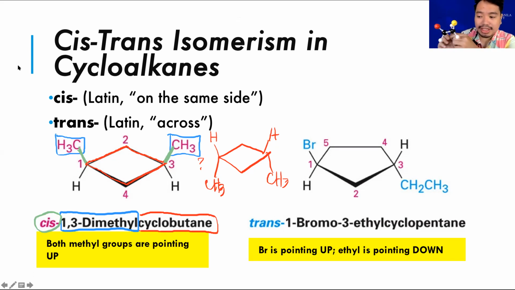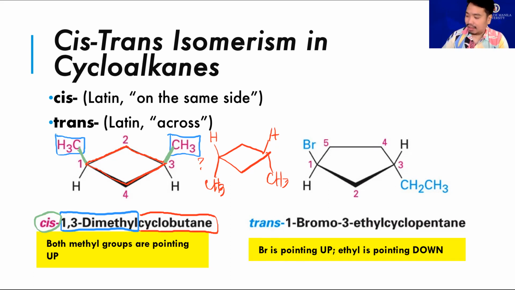They're both still cis-1,3-dimethylcyclobutane. It's as if I do that and then I just turned it around. Diba? Both up, both down. So same. So please be open, you have to be able to really visualize things in 3D in your head. Sometimes things are just rotated. That doesn't change the identity. We didn't break any bonds.